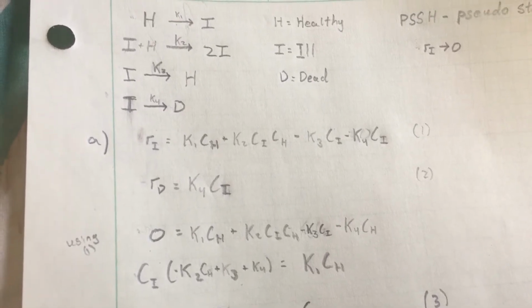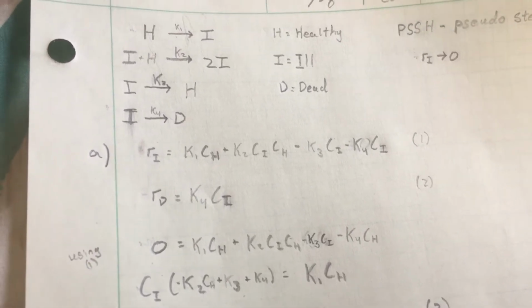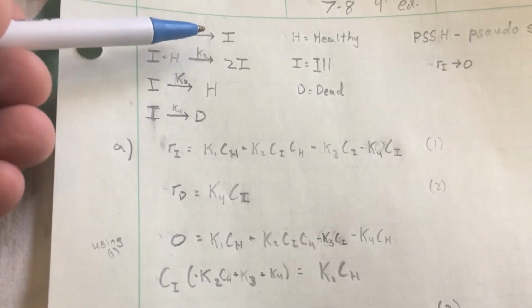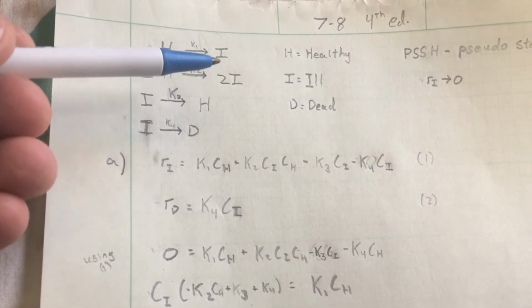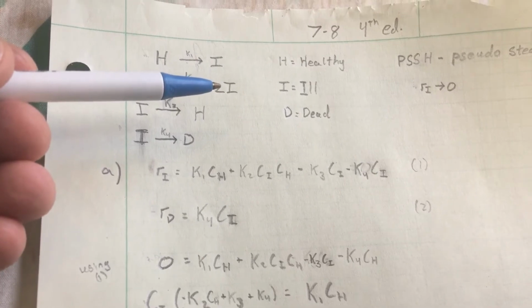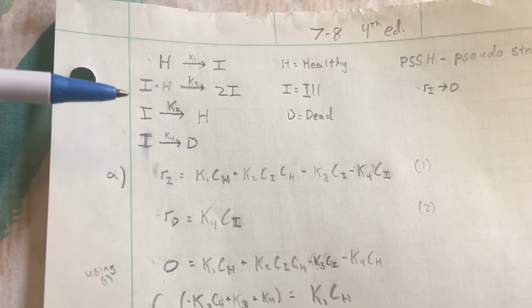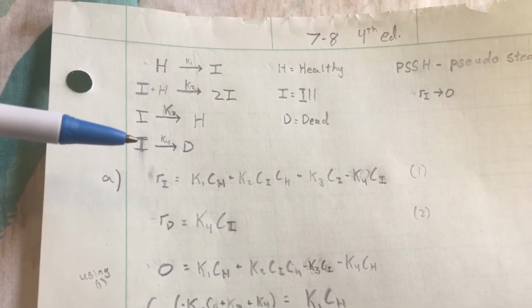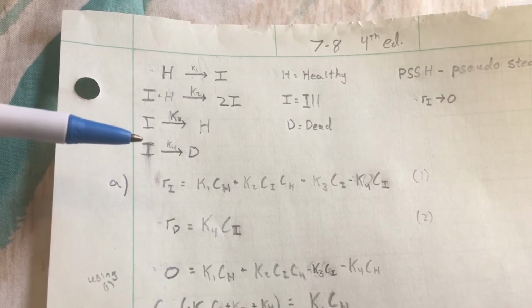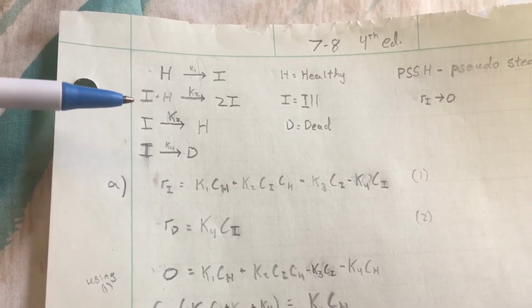So part A is asking us to come up with a death rate, or RD, but to get there, we're going to start off with RI, and we're going to say that everywhere that I is being created, such as these first two terms, are going to be positive. We're creating I. Everywhere it's negative, in these three, it will be negative. We're losing I. 2 is kind of a special case.